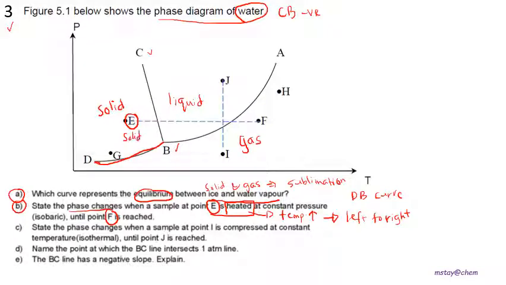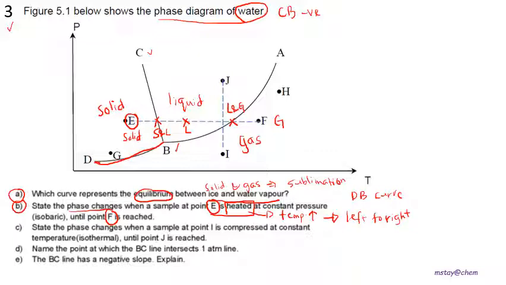At this point, water H2O exists as the solid form. At this point, solid and liquid, and here liquid, and then over here is liquid and gas, and at the F point it is gas.